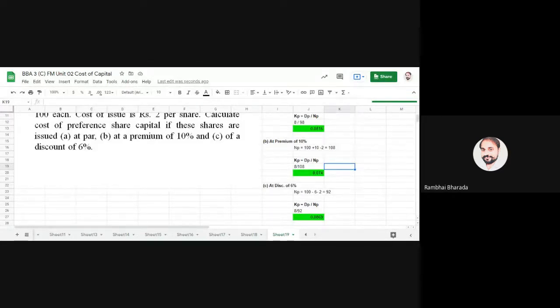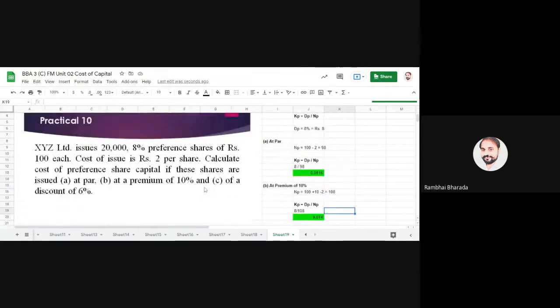Now I have a surprise for all of you. Listen very, very carefully. This calculation, this formula is applicable to all types of preferences except the redeemable.